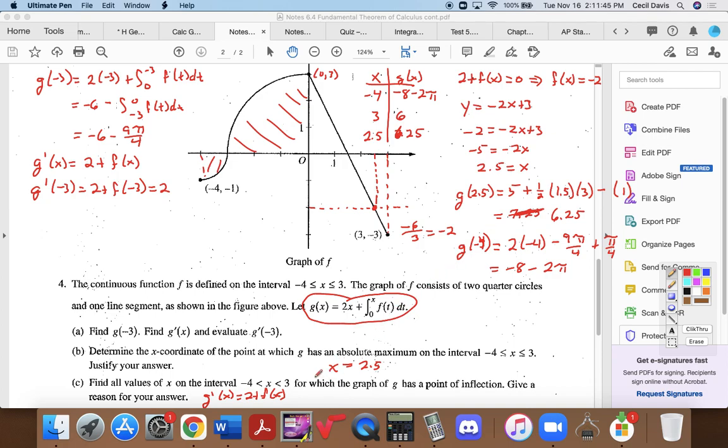So this changes from increasing to decreasing only at x equals 0, right? At x equals 0.